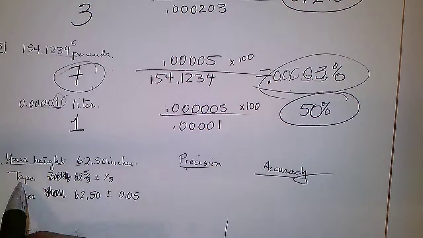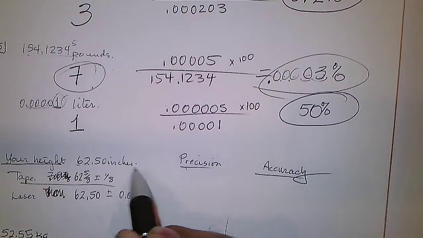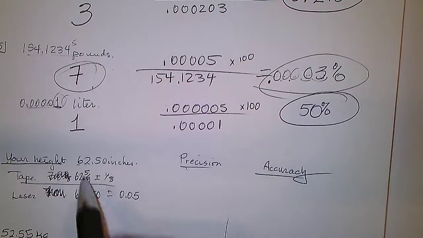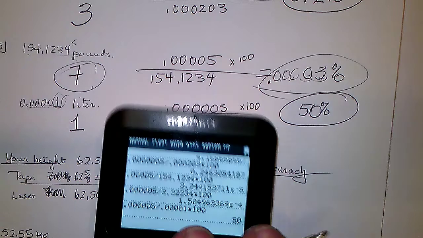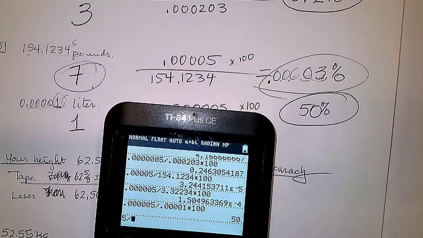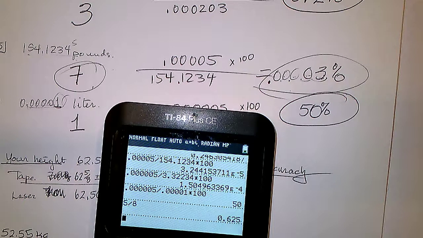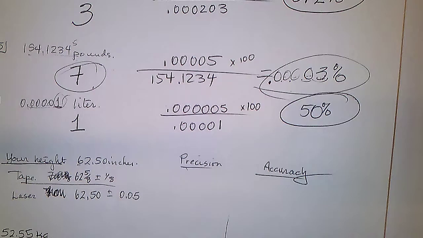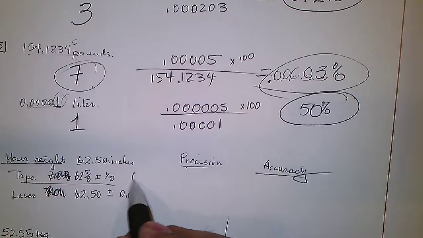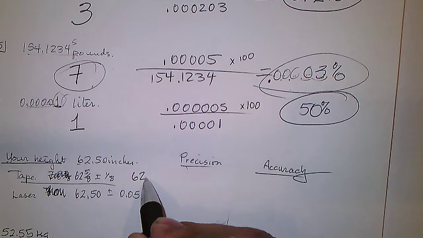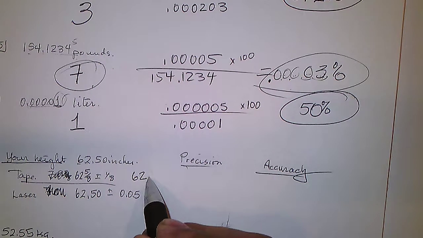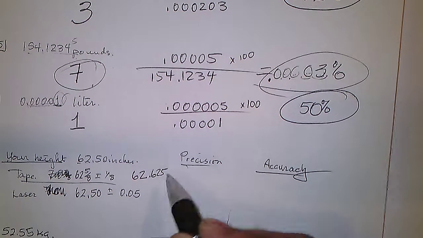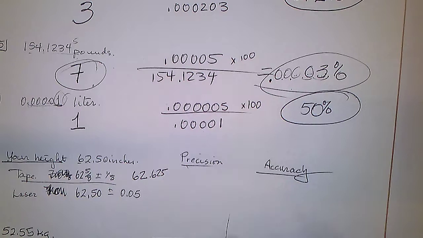So the measuring tape says you are 5/8 of an inch, 5/8 in decimal. 5 divided by 8 is 0.625. So it's saying you're 62 and 0.625 plus or minus an eighth.